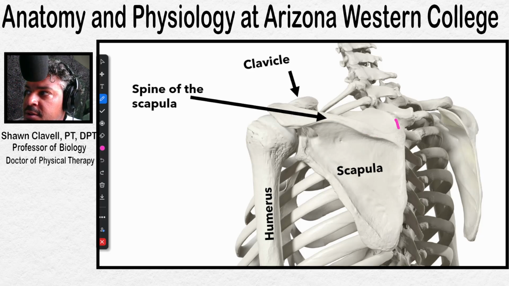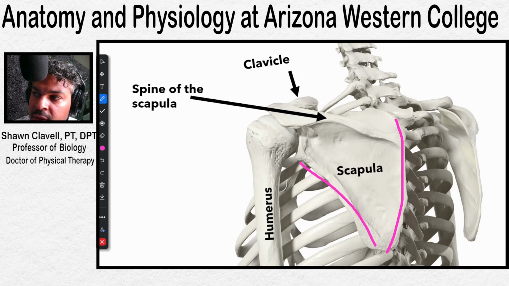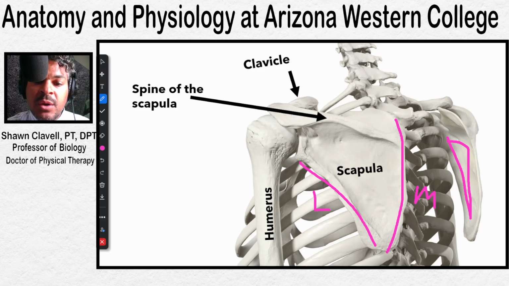You can see that there's a couple of borders here that we'll identify. There's the border that's out towards the armpit as the lateral border, and then there's the one that's closer towards the vertebral column. That's the medial border. And then on the anterior surface, you can see that the anterior surface is big and flat and articulates with the thorax through some muscles that we'll talk about in some later sections here.